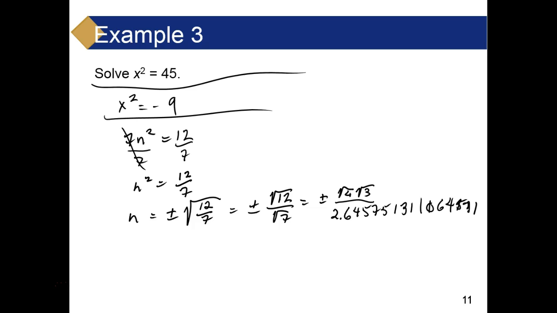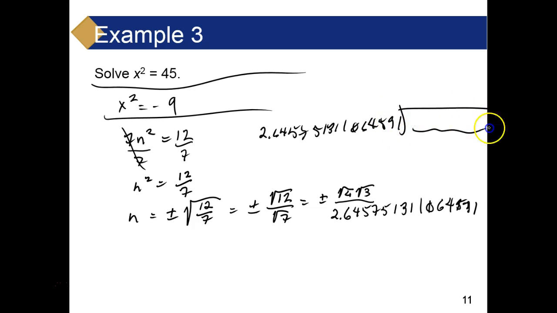Now, if you were really dividing this, whatever that numerator is, you'd have to divide by this. Well, that means on the outside, you'd have 2.64575, 1311, 06, 4591 into whatever this is.